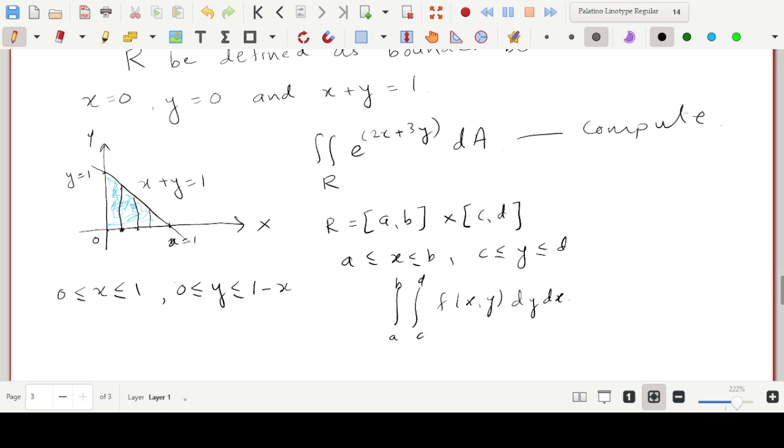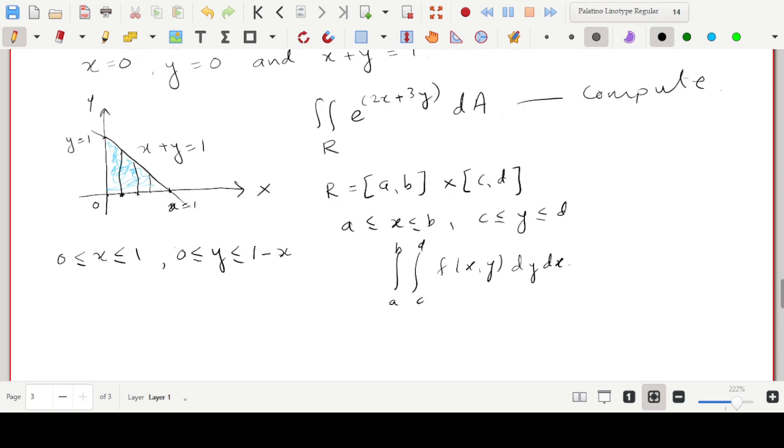When x is 1, y will be from 0 to 0, as you can see over here it is just one point, so that is verified. And when x is equal to 0, y will vary from 0 to 1, as you can see over here it takes its full range. So this helps us set the limits of integration.